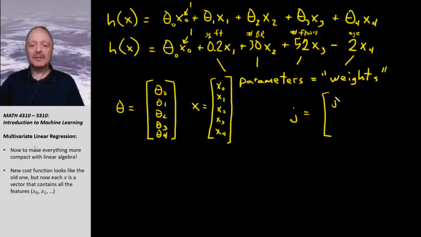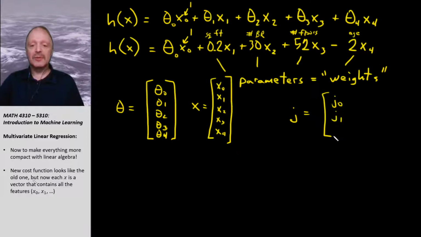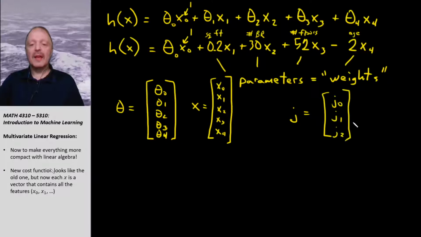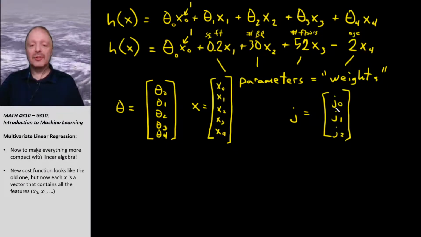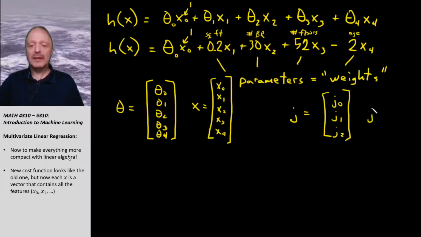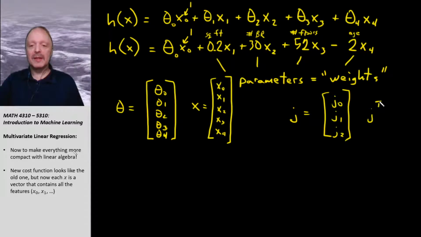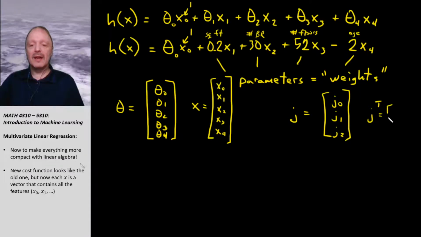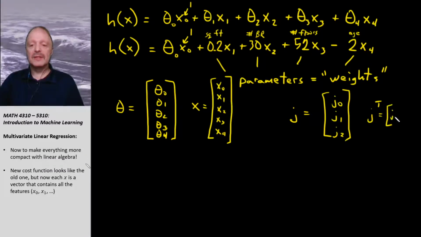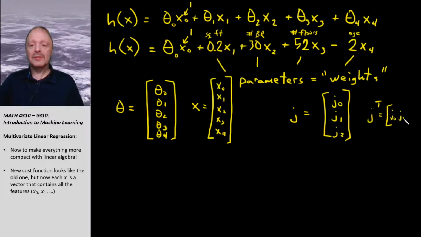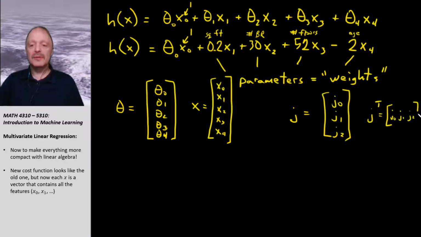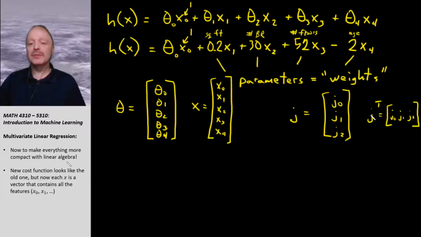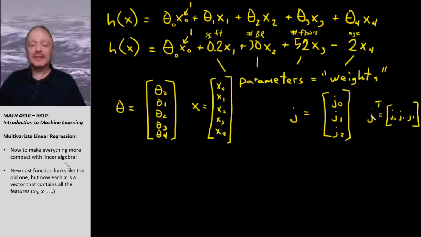Maybe it's J0, J1, J2. Okay? If I did the transpose of J, which is indicated by a T as kind of like an exponent, that reorders it to J0, J1, J2. Instead of a column vector, when you take the transpose, it becomes a row vector.